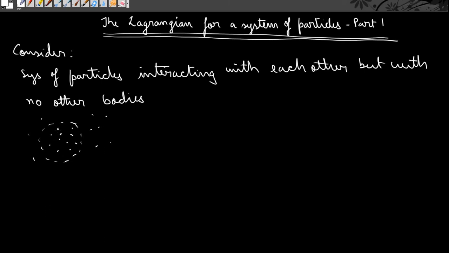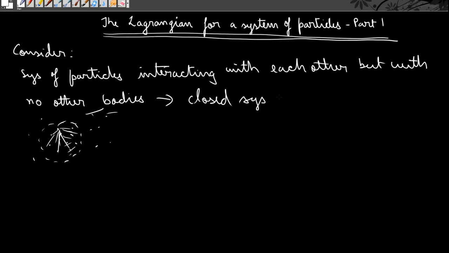This means that the particles are going to have interactions only with each other, but not outside. So there is no interaction between this particle and this particle, or any of the particles considered inside the system. Okay, so such a system we will call a closed system.